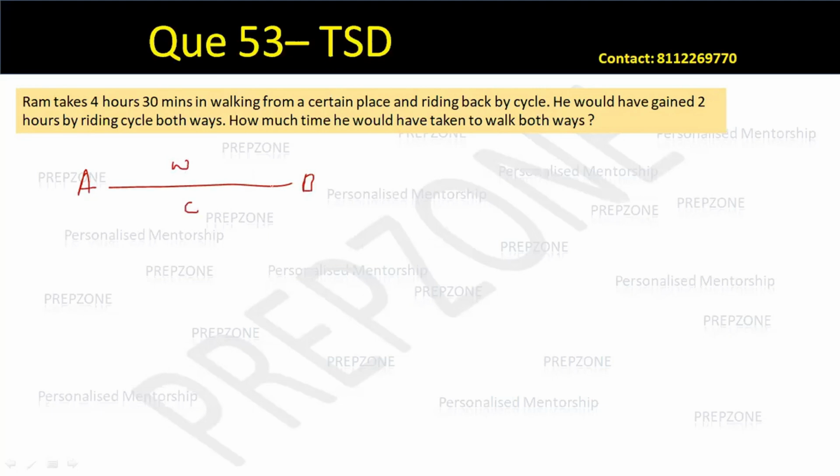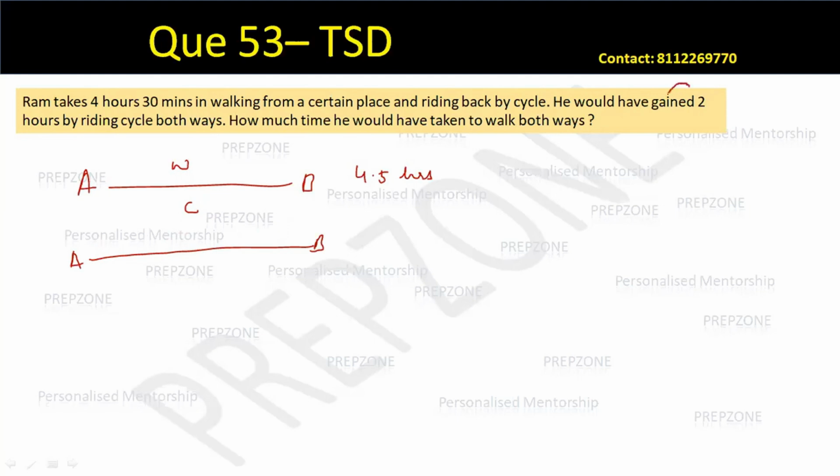A to B is walking and then cycling back. He takes 4.5 hours if he does this. Now the second case is A and B: he would have gained 2 hours by riding the cycle both ways.